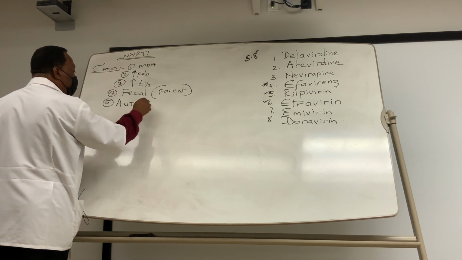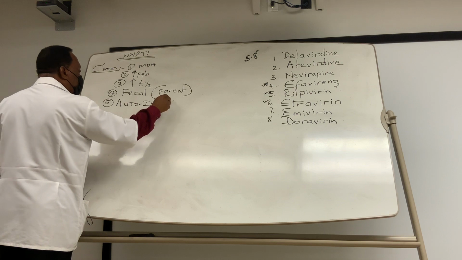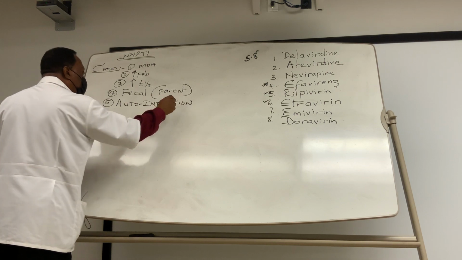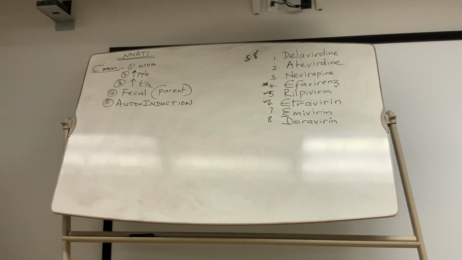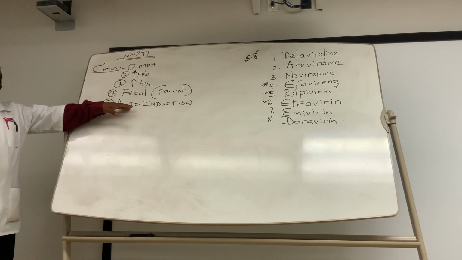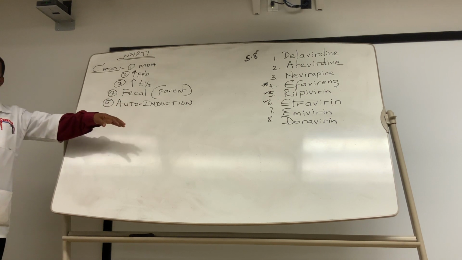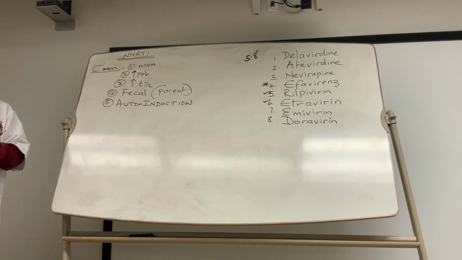And then they do exhibit a phenomenon that is called autoinduction, which basically means they can stimulate the enzyme that metabolizes them. Okay, so if the drug is metabolized by 3A4, that is, the drug is a substrate for 3A4, that drug can also stimulate or activate 3A4, which means it is inducing its own metabolism.